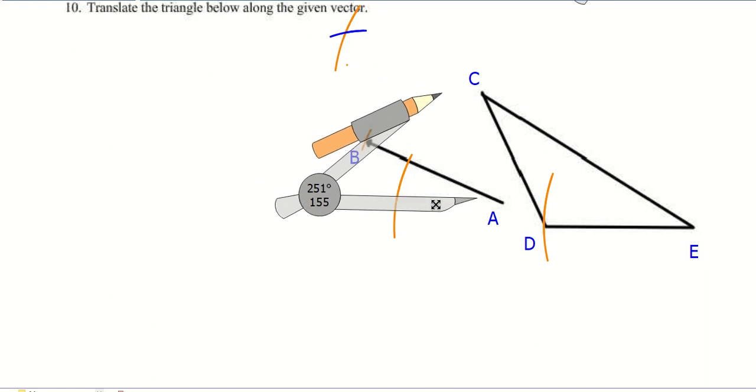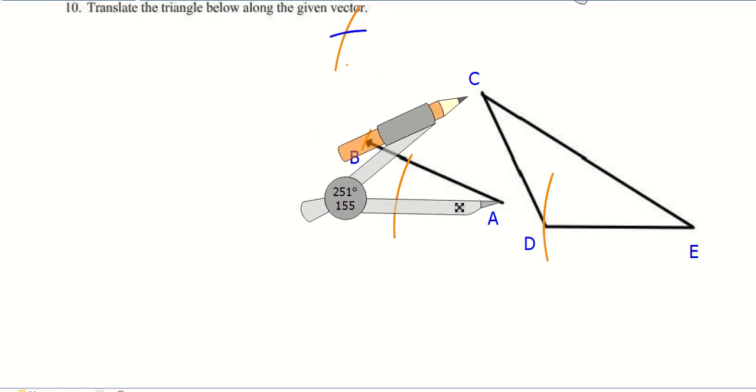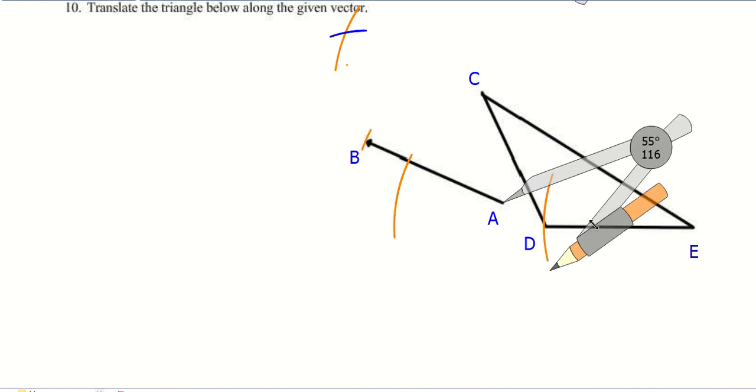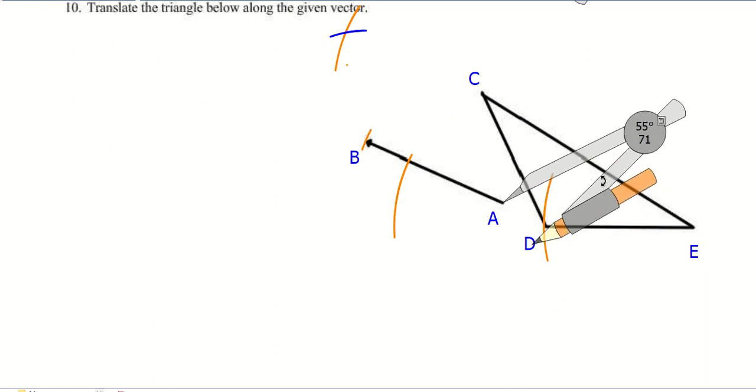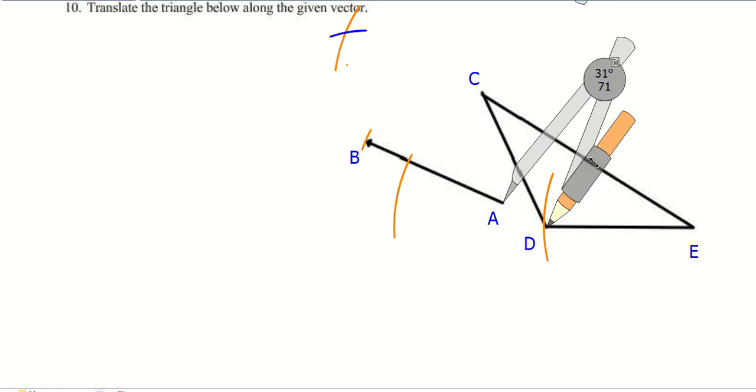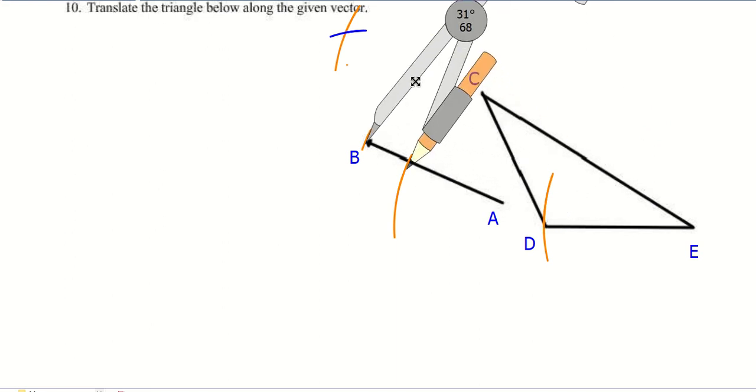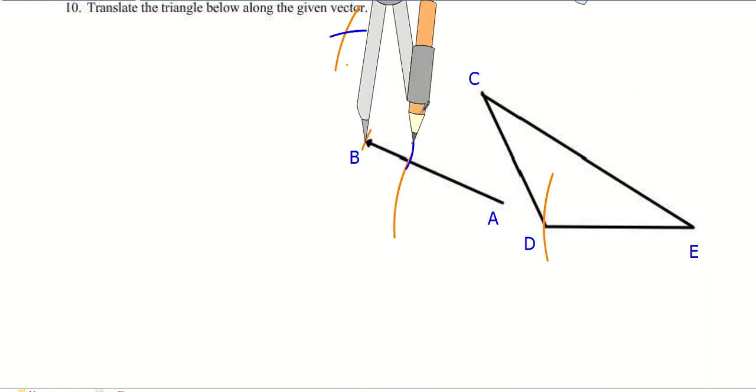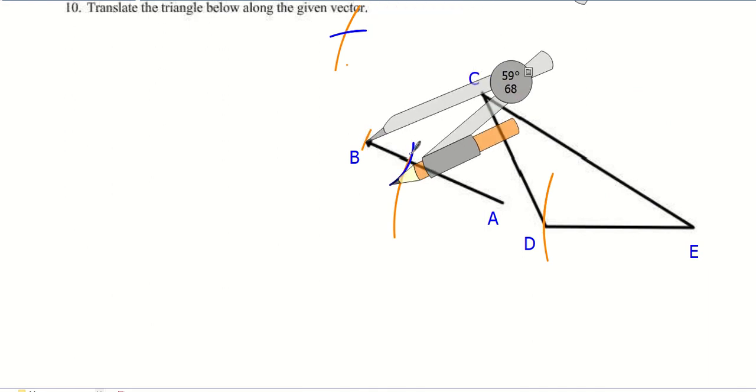Okay, we're going to do the same thing from D. All right, so compass there. D is going to go right over here. And then we slide our compass down to the tip of the arrow. We swing an arc. You can see it kind of hits twice, right? It's here and here.